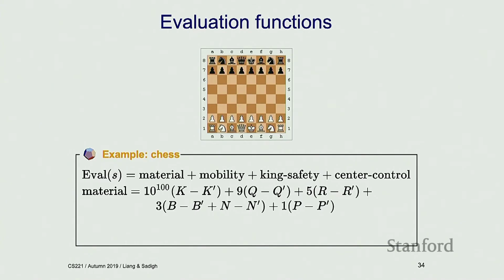The number of kings that I have versus the number my opponent has seems really important, because if I don't have a king and my opponent has a king, then I've lost the game. So you might put a really large weight on that. And you might care about differences between the number of pawns or queens and other types of pieces on the board. That allows you to think about how good the board is, or the number of legal moves that you have and that your opponent has, which gives you some notion of the mobility of that state.